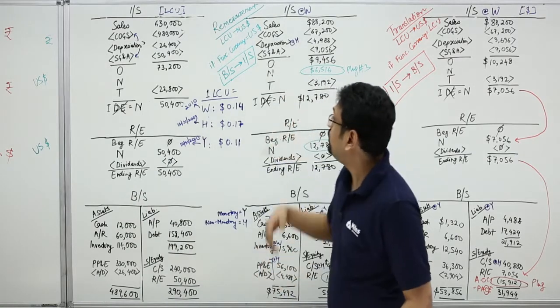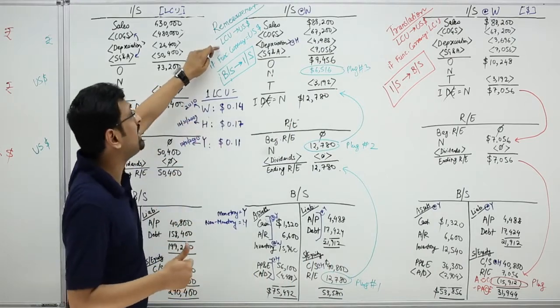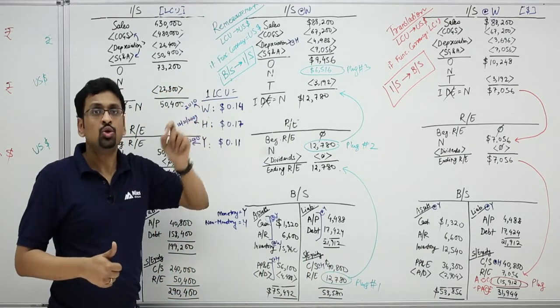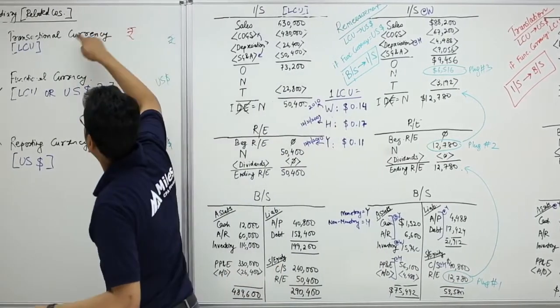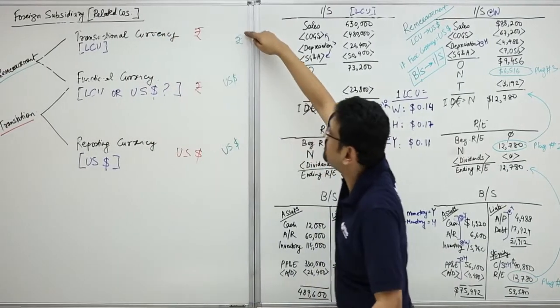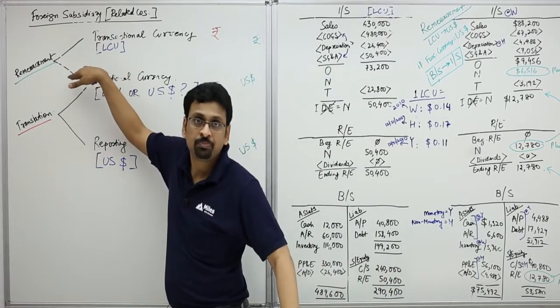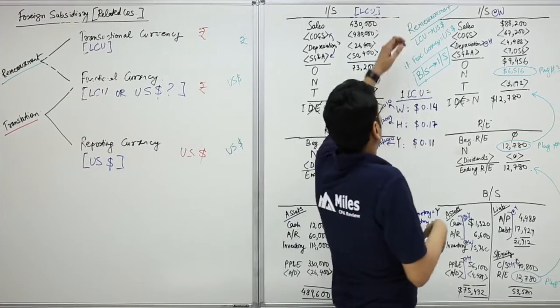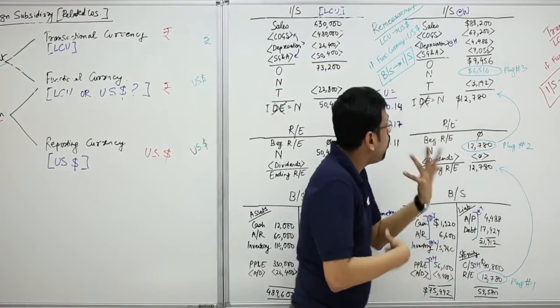So guys, for remeasurement, quick recap. We remeasure when the functional currency is US dollars. So we're moving from transactional currency to the functional currency. Transactional currency, that's the local currency unit. Functional currency, US dollar, remeasure. With remeasurement, your direction is balance sheet to your income statement. Why?